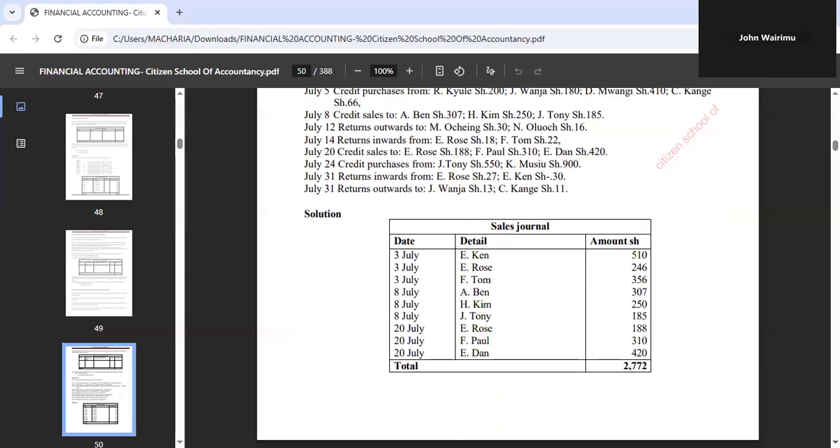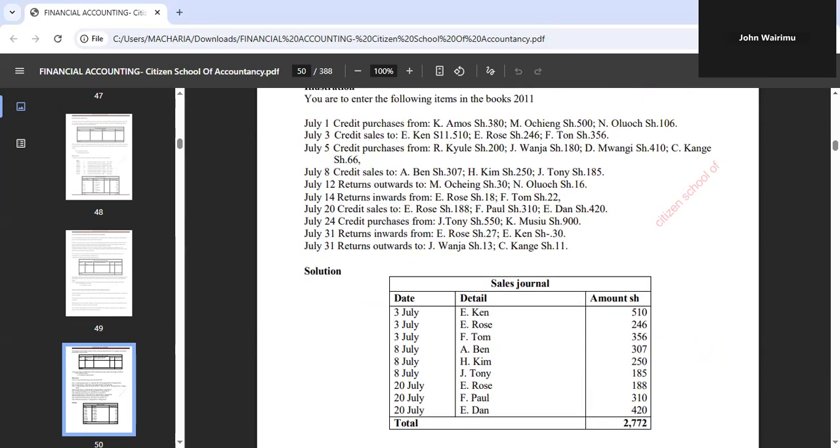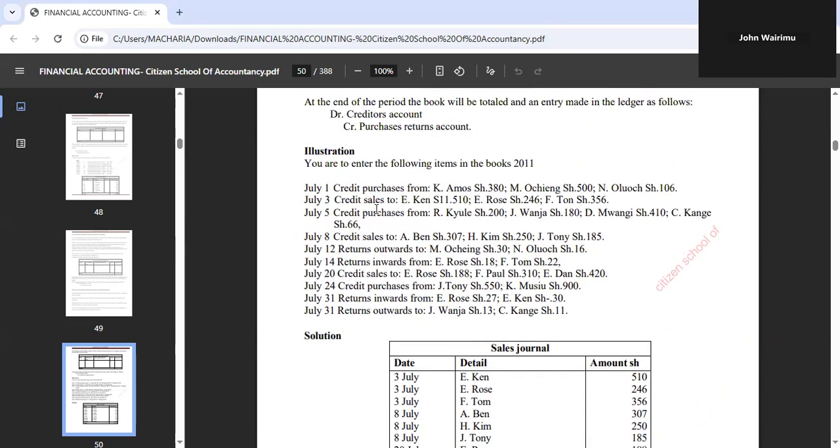So, Ben, you can see that 292, what did you miss? Let's start here. Credit purchases.